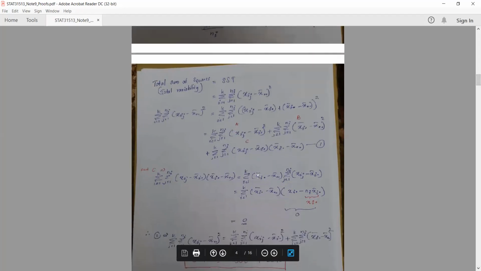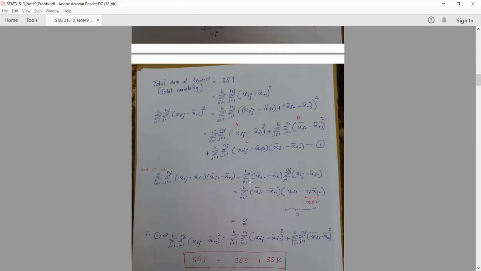If you take this value, we can see here we have xij minus xi dot bar into xi dot bar minus x double dot bar, where j goes from 1 to ni, i goes from 1 to k.